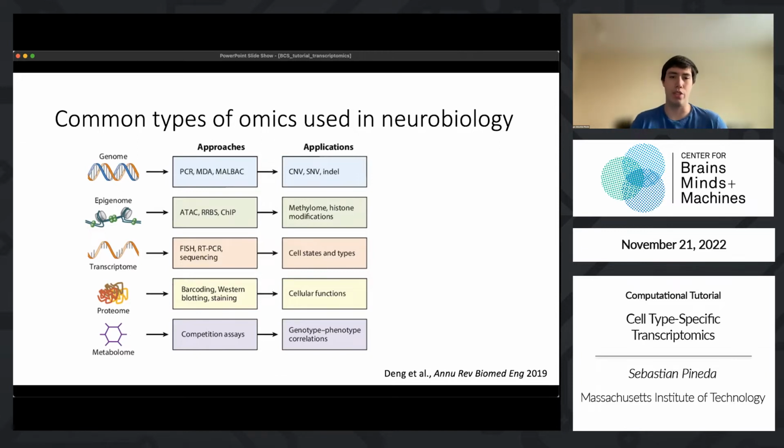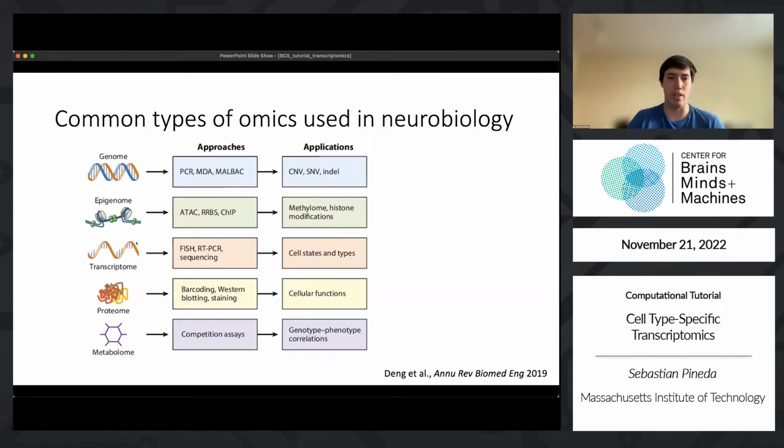The transcriptome, and all of these are in order of the flow of information according to the central dogma, right? Transcriptomics focuses on the study of gene expression, specifically the study of RNAs. Proteomics studies protein function and protein interactions, and metabolomics, the biochemical activity that those proteins permit. So these are just a list of different technologies and applications that they're used for.